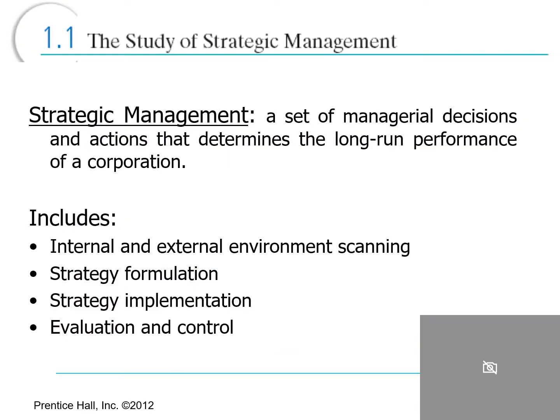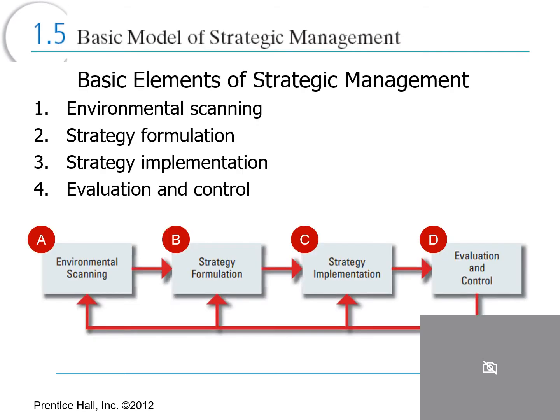So in the first chapter, we discussed the strategic management that consists of 4 steps. The first one is the environmental scanning, followed by strategy formulation, followed by strategy implementation, and finally you want to evaluate the success of the strategies as well as to control things as you planned.